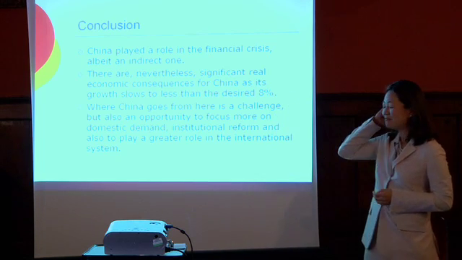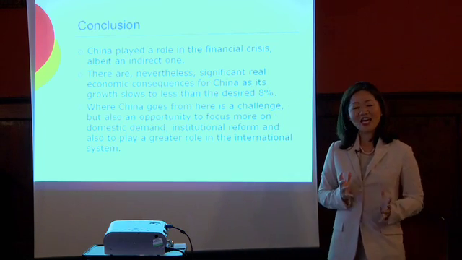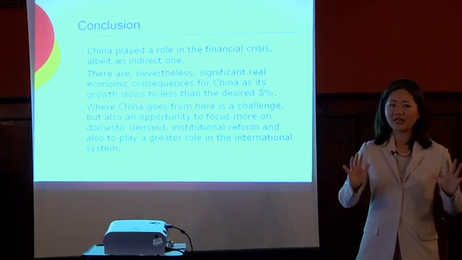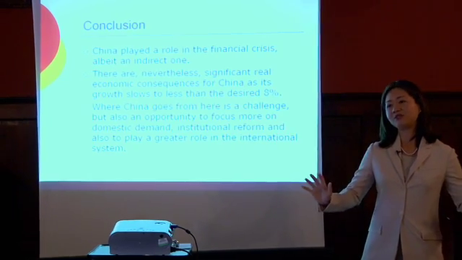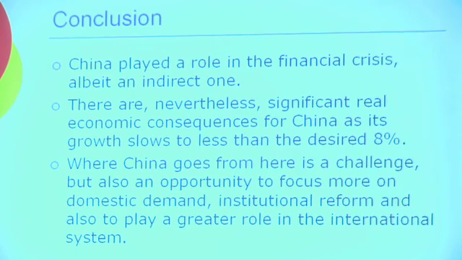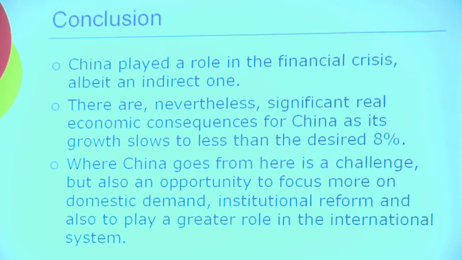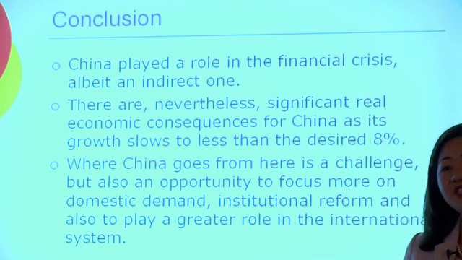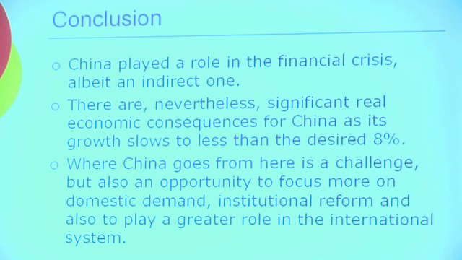So in conclusion, China has played an indirect role in this crisis. It's just been part of the transformation of the global economy in the noughties. But there are clearly real consequences for China as it struggles to reach the 8% growth rate that it needs, which generates upwards of 10 million jobs for its still developing economy.